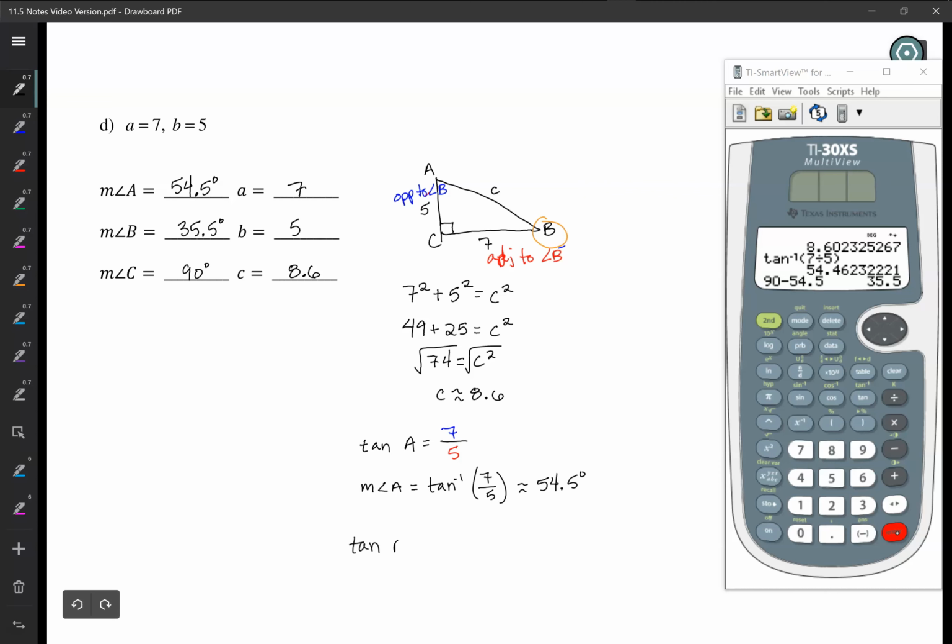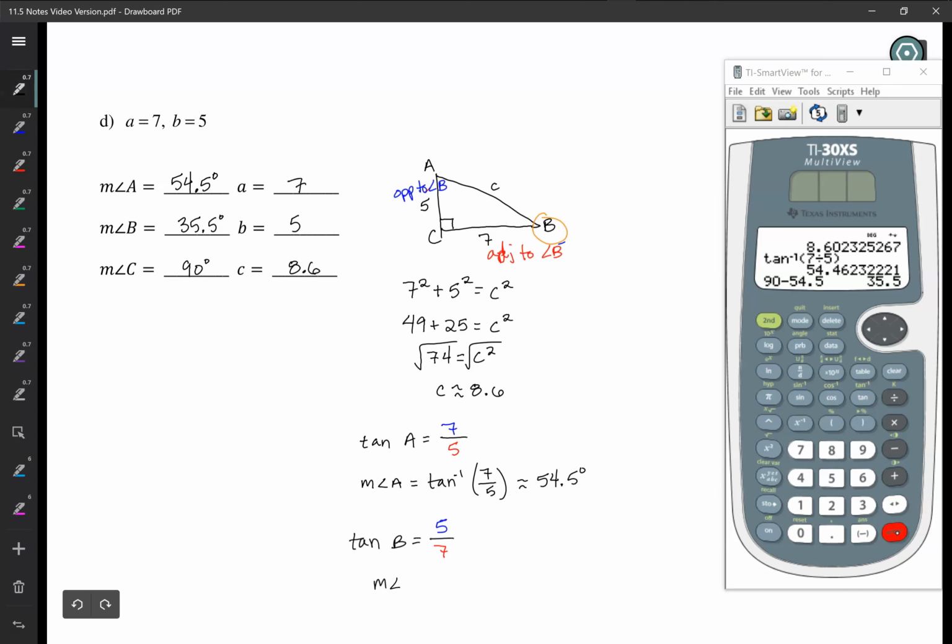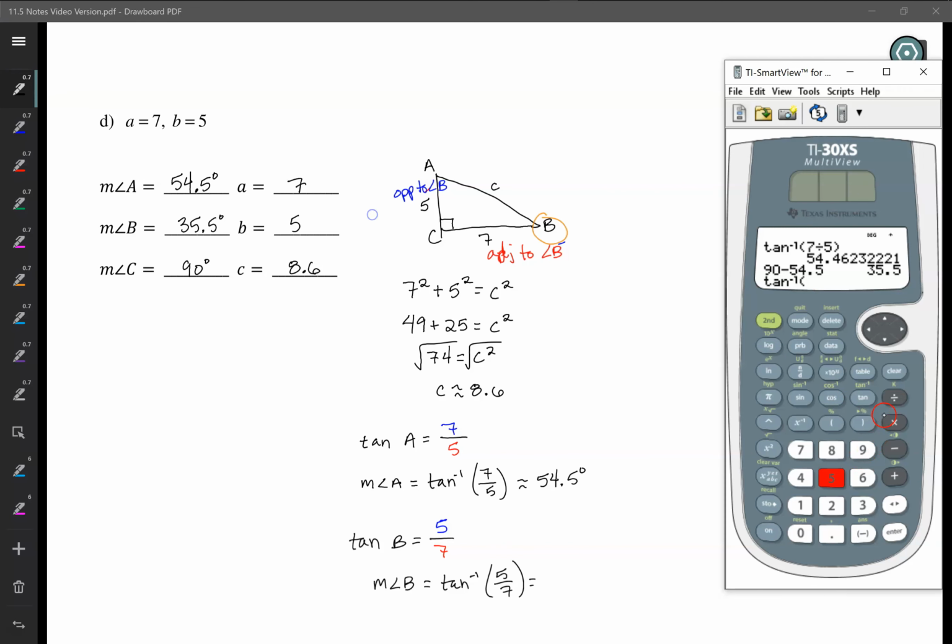So the tangent of B is 5/7. So the measure of angle B is inverse tangent of 5/7, which ought to get me 35.5. And it does.